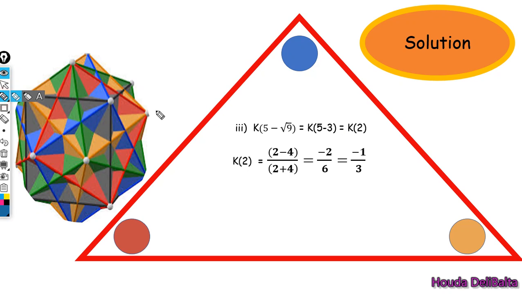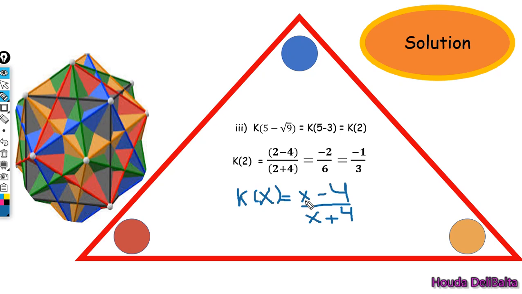If we remember, k of x was x minus 4 over x plus 4. So I have to replace x by 2.